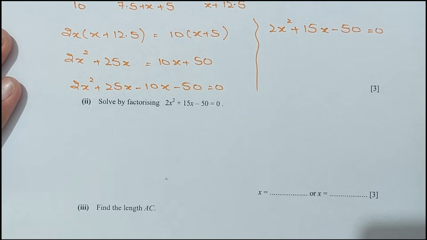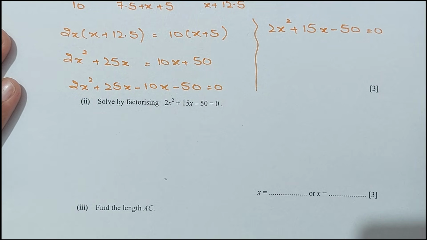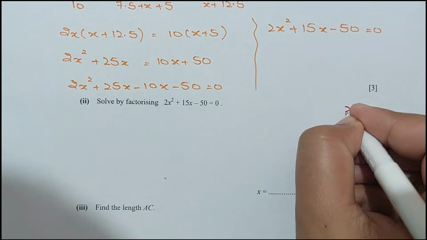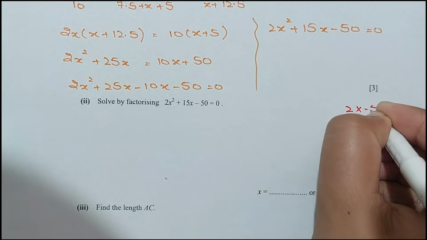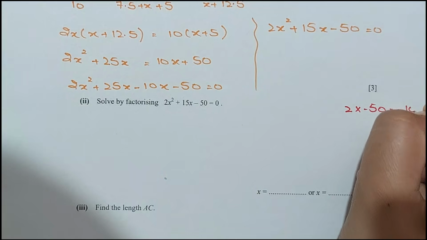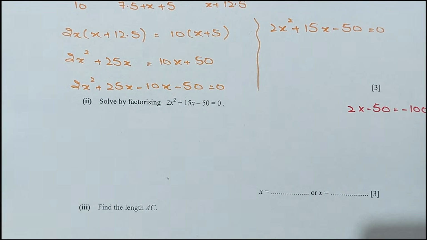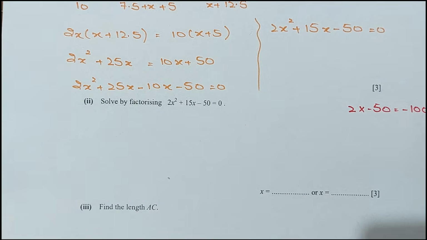You have to factorize this. Okay, 2 times 50 is 100. Factors of 100 that break the middle term to 15. Let's see. 2 times minus 50 is minus 100. What are the factors of 100 that break the middle term, which is 15? 100 is 5 times 20.